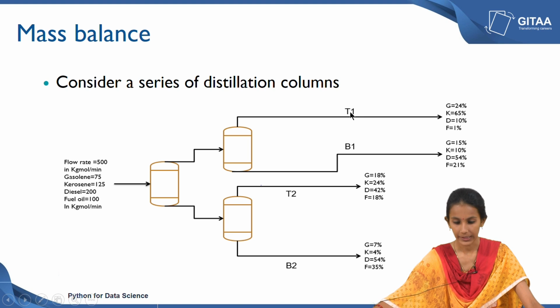When you look at the diagram, T1 and T2 are the top products, and B1 and B2 are the bottom products. The output flow rates are given in percentage: G for gasoline, K for kerosene, D for diesel, and F for fuel oil.